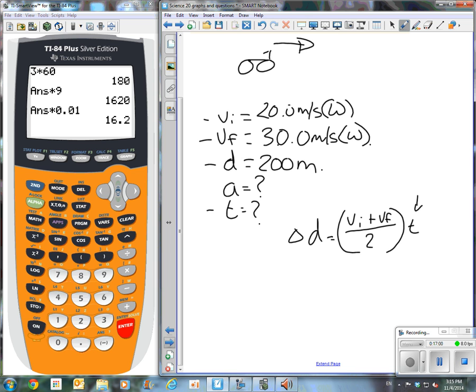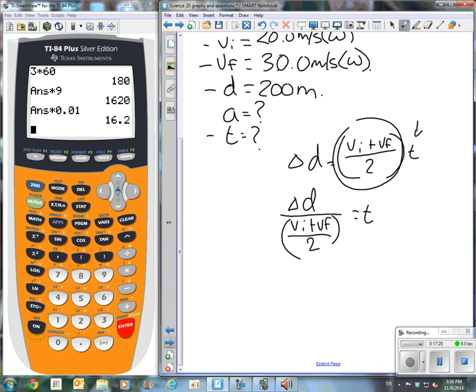So I need to divide both sides by this whole section here. So I've got delta D all over VI plus VF divided by 2 equals t. All right, so it says 200 meters, so 200 divided by 20 meters per second plus 30 meters per second, all divided by 2.